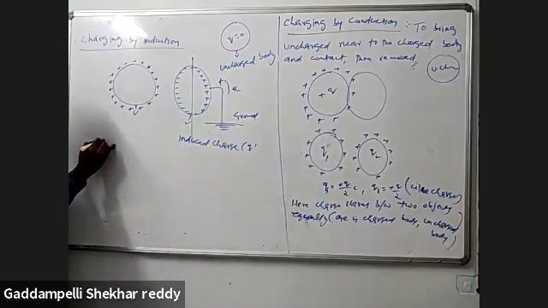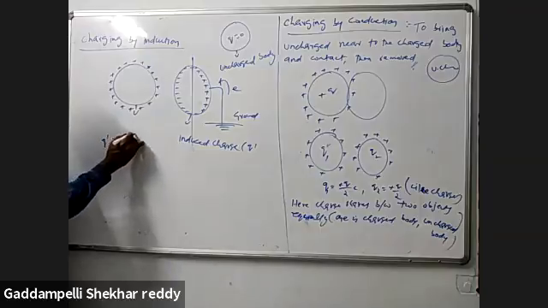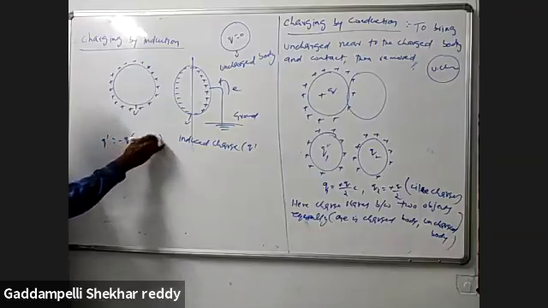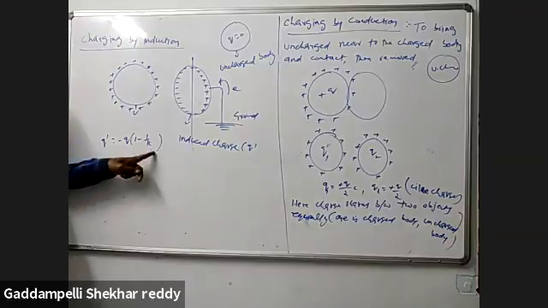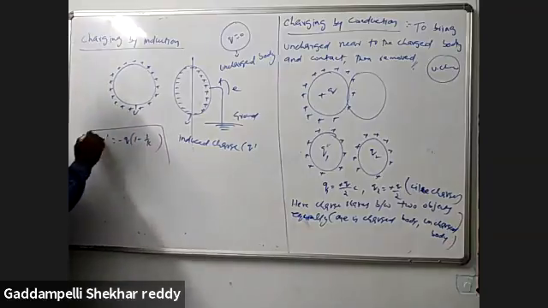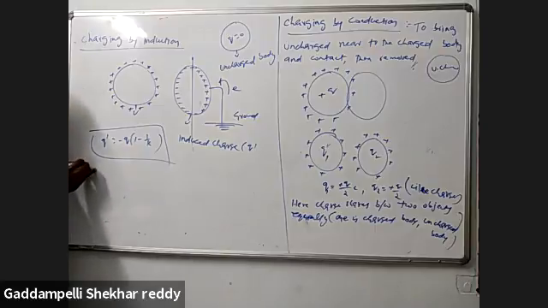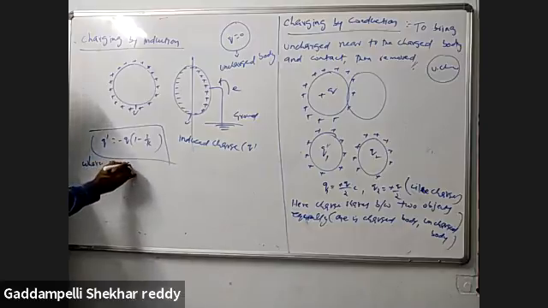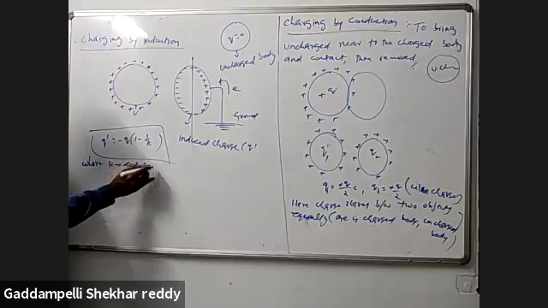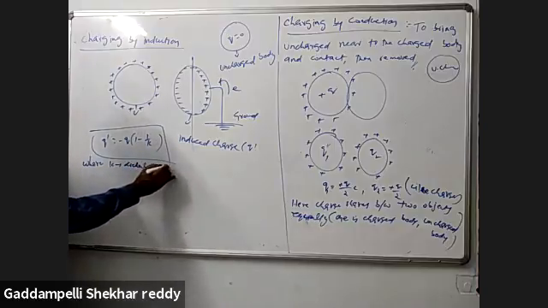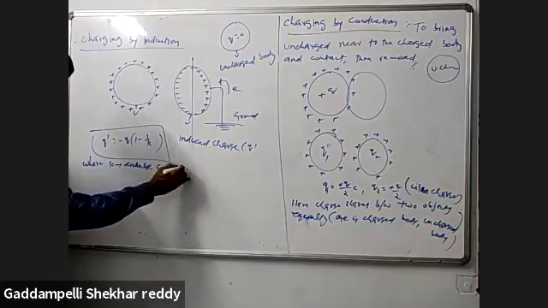Q dash is equal to minus Q into 1 minus 1 by K. You should remember the induced charge: Q dash is equal to minus Q of 1 minus 1 by K, where K is the electric constant.